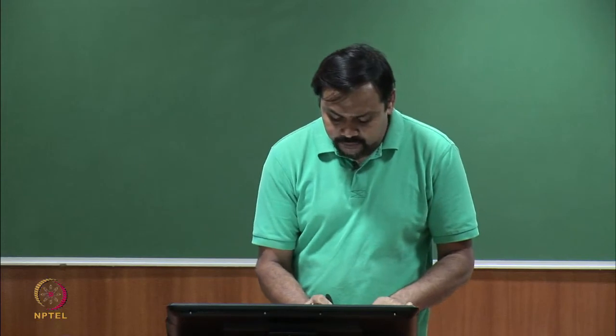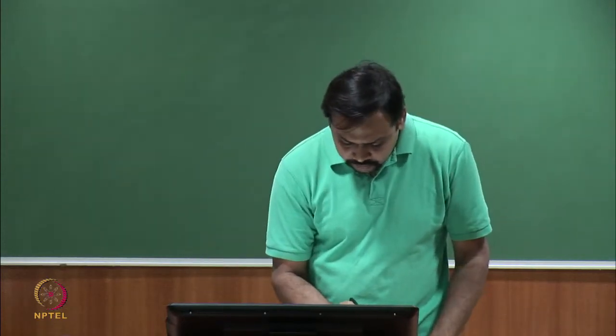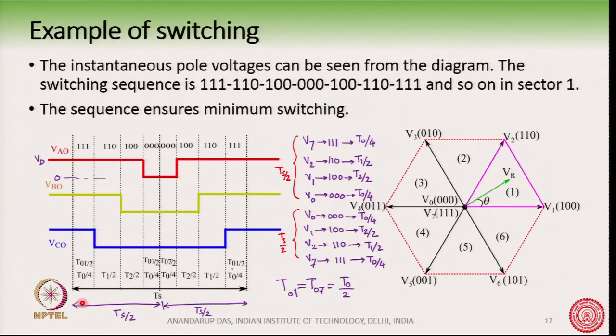The A phase, if you see the A phase here, during the entire Ts time period, we see that the upper switch was turned on here, and then the upper switch is turned off here, the lower switch is turned on here, and then the upper switch is again turned on. Okay.